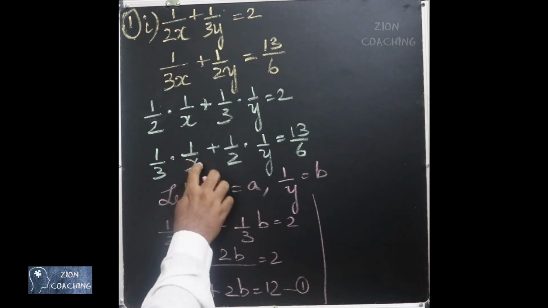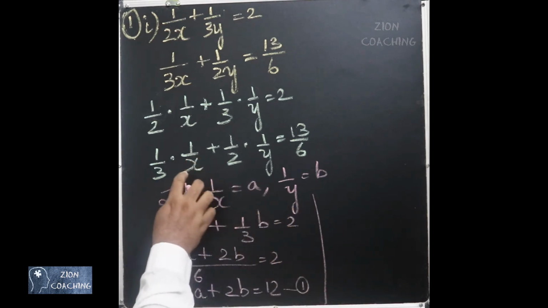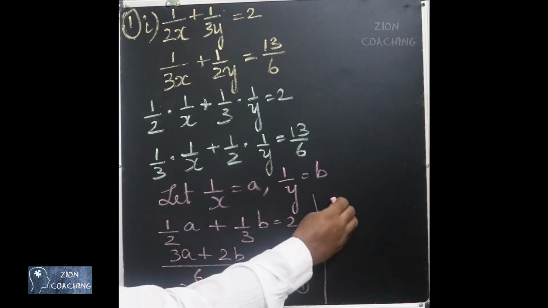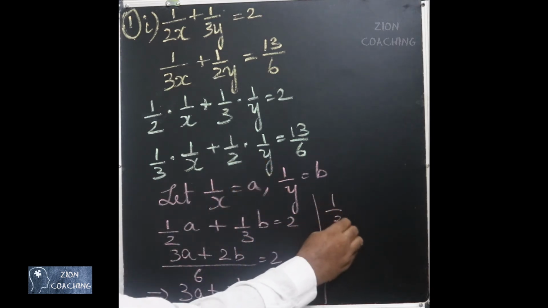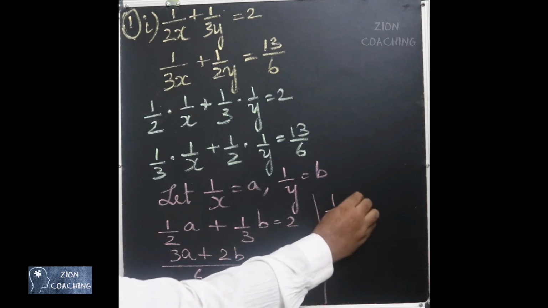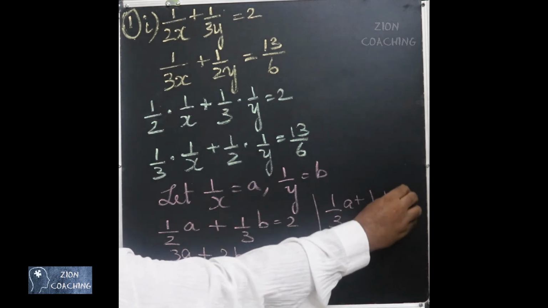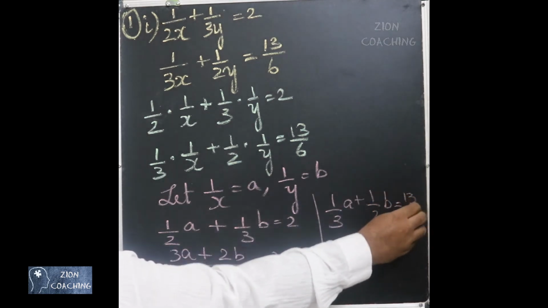Like that we will do to the second equation also. When you substitute 1 by x is equal to a and 1 by y equal to b, you will have 1 by 3a plus 1 by 2b equal to 13 by 6.